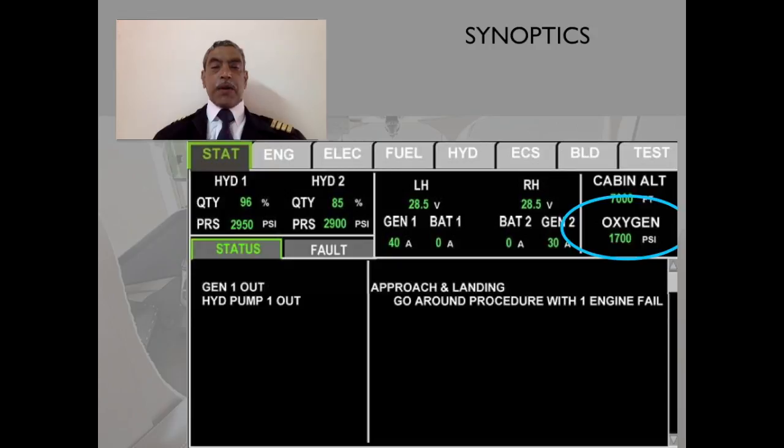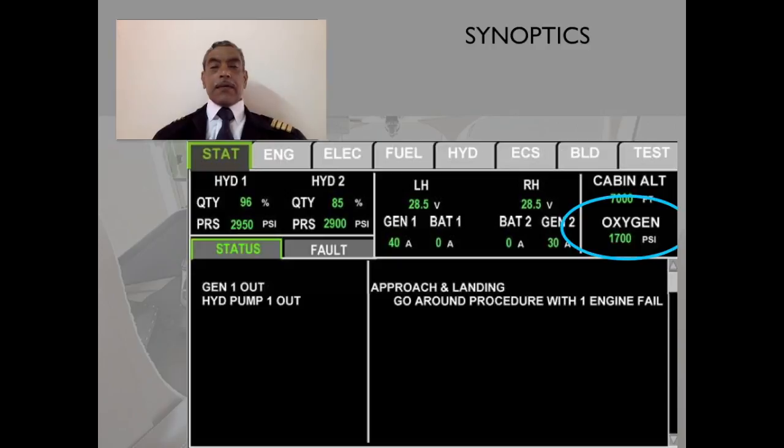These two are very important: the current status of the aircraft, if there are any failures, and whatever is the fault, or the failures and the services which are not available, are being shown in this lower portion of the window. Now the status portion has been highlighted, and in this particular picture, it indicates that generator 1 is not available, and hydraulic pump 1 is not available.